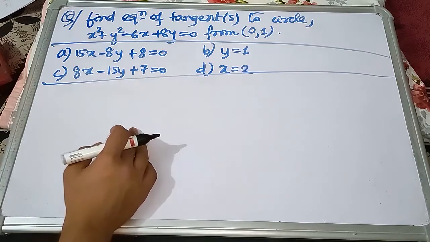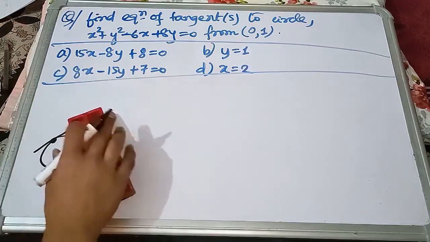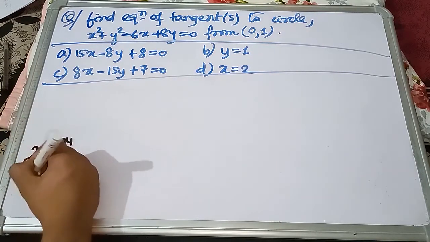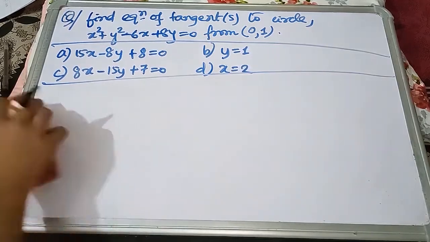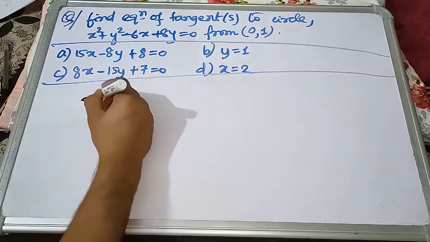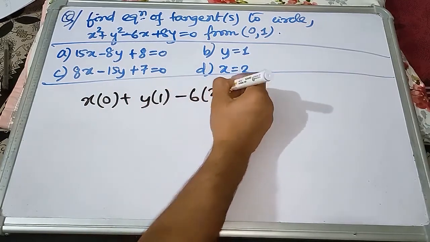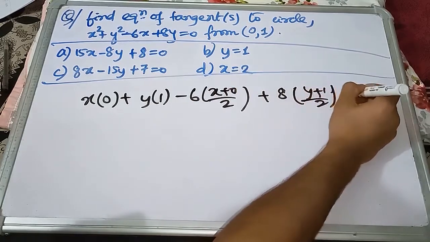Like we have learnt a format for finding the equation of a tangent if a point lies on the circle. There we transform x squared to xx1, y squared to yy1 and the other required transformations. Now if you are in a hurry and just do the transformation: x into 0 plus y into 1 minus 6 into (x plus 0)/2 plus 8 into (y plus 1)/2 equals 0.